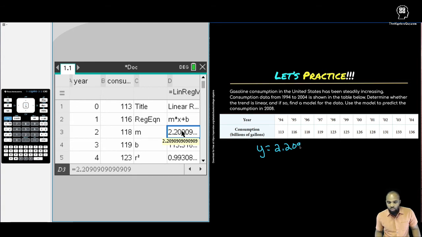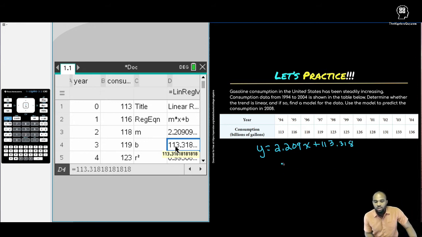So I'm saying 2.209 x, and then we can look back over at our y-intercept of 113. So I'm going to write that plus 113.318. So that equation is the best fit line, or the trend line, that you'll want to select.